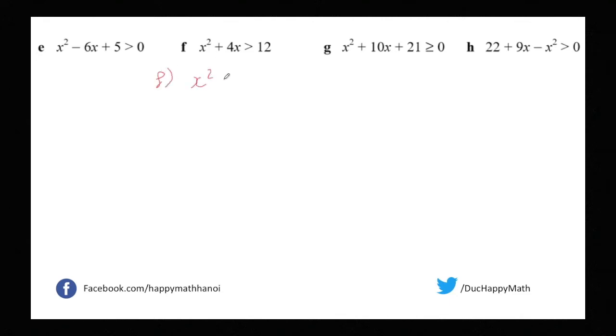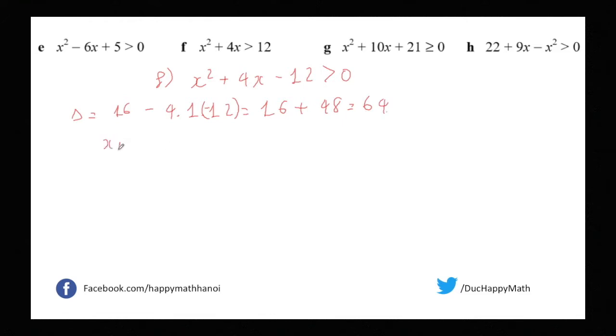Okay, question F. Transform first. One side has to be equal to 0. Delta is b squared minus 4ac. C here is minus 12. So this is 16 plus 48, and 64.